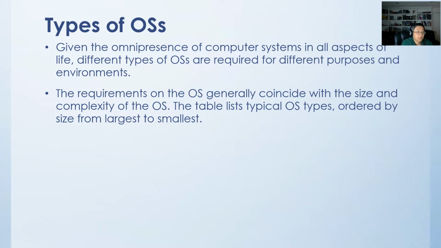If the hardware is more complicated, then the operating system becomes more and more complicated too. So the requirements on the operating system generally coincide with the size and the complexity of the operating system. The table lists typical operating system types ordered by size from largest to smallest. Let's take a look at the table.